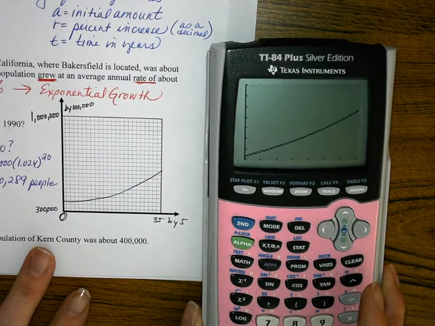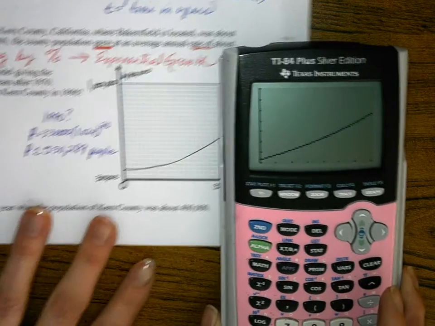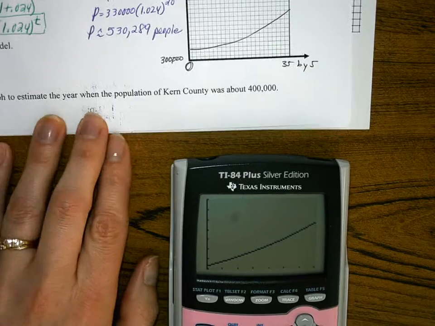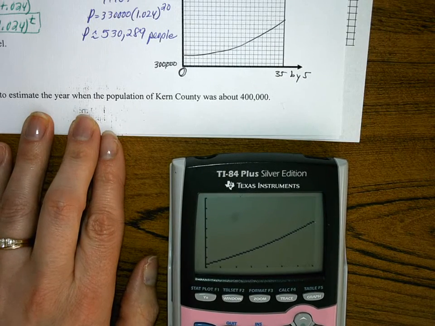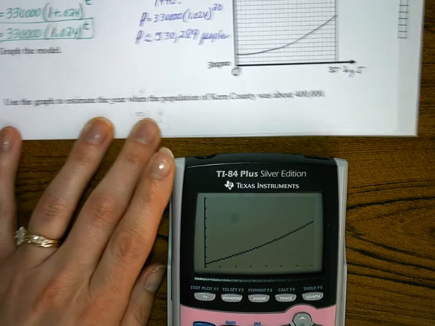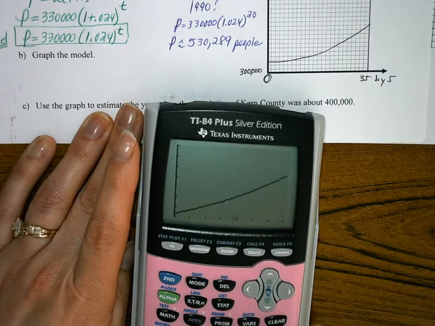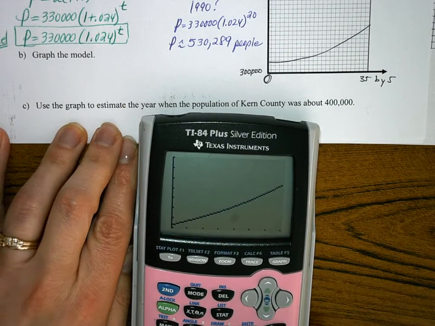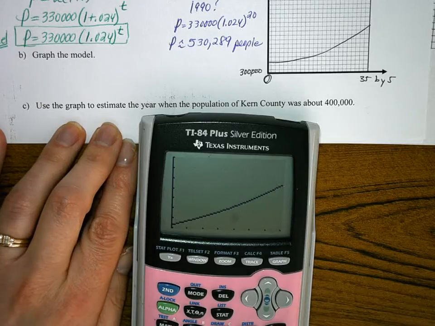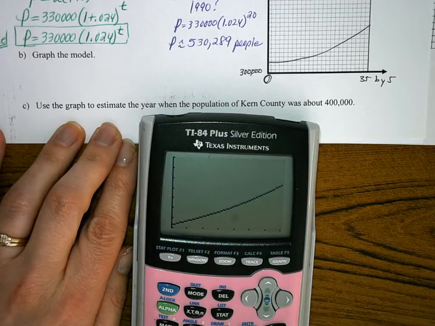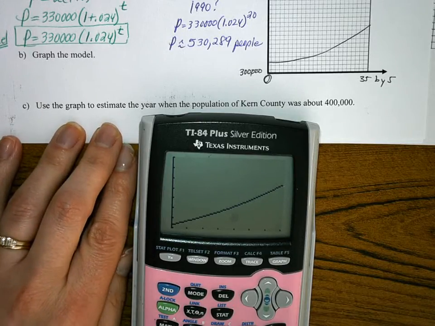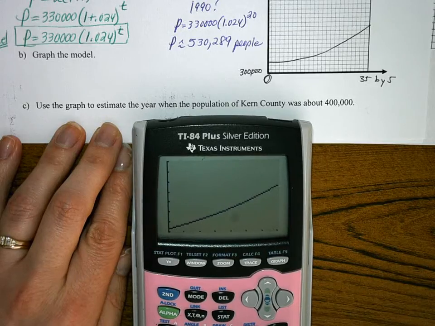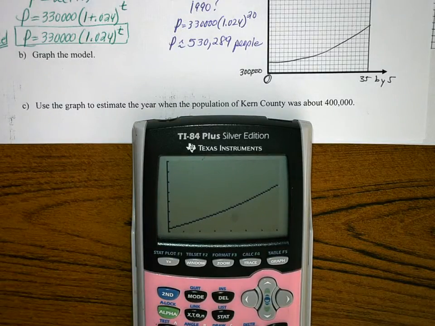Now, my last question says use that graph to estimate the year when the population of Kern County is 400,000. If I want to know when the population is 400,000, which variable do I want to represent? My y is going to be 400,000, right?